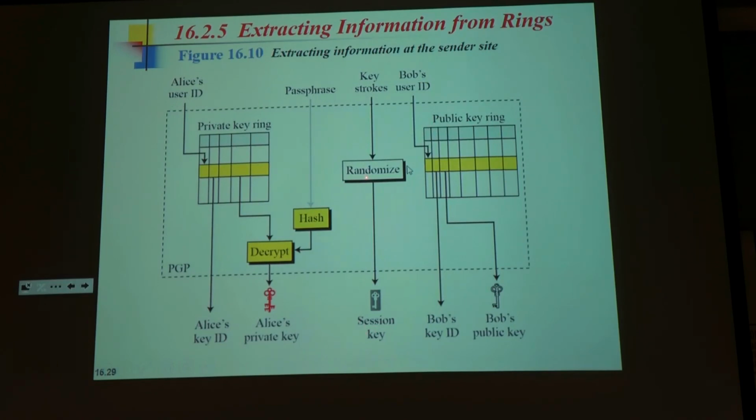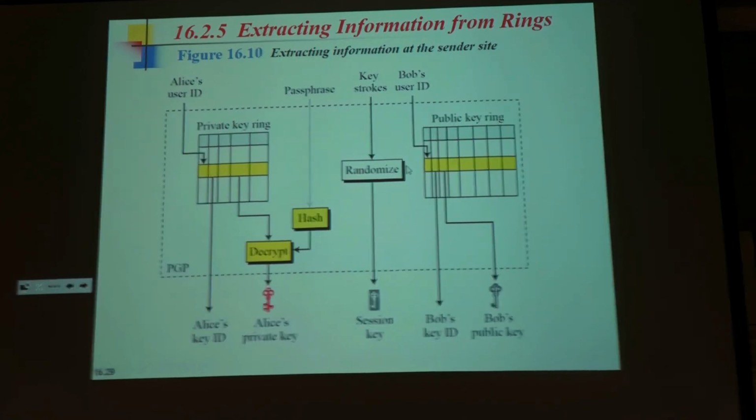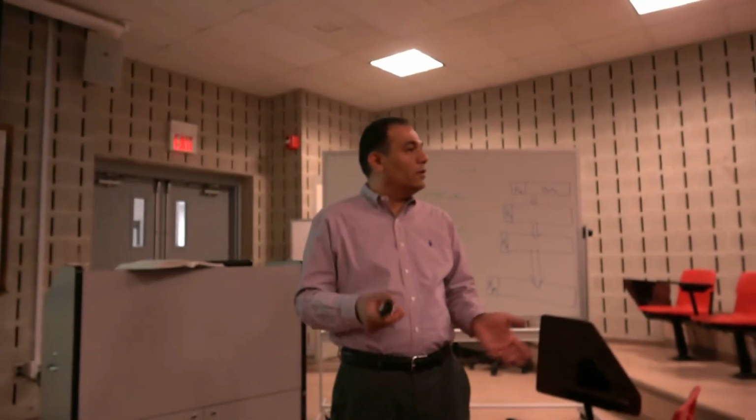It will be randomly generated. This is Alice's private key. And this is Bob's key ID and Bob's public key. So PGP basically has how many tables? Two tables or rings, public and private. Okay, and that's how we generate that.